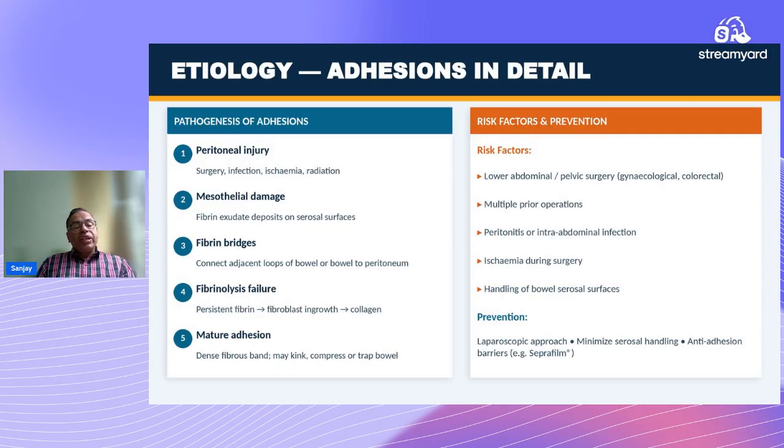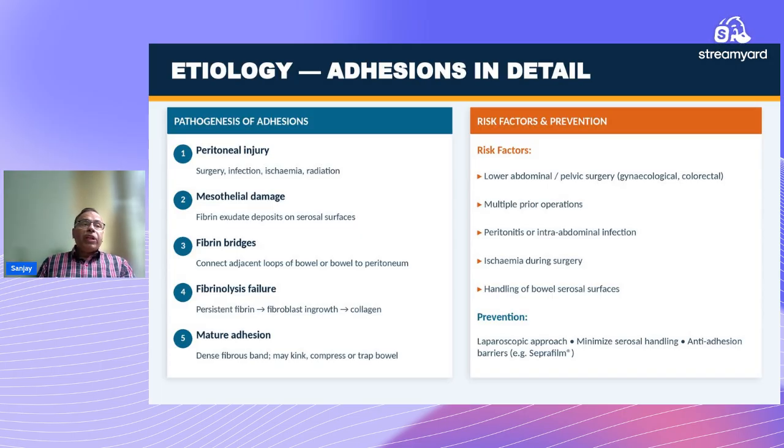So, peritoneal injury ultimately results in mesothelial injury, which leads to outpouring of fibrin, which gets deposited on the serosal surface. Once deposited, this fibrin forms fibrin bridges, which connect the adjacent loops of bowel or the bowel to the parietal peritoneum. These fibrin bridges connect bowel to bowel or bowel to overlying parietal peritoneum.